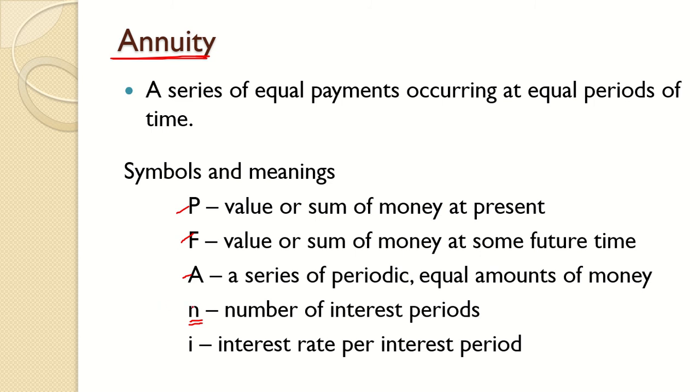However, when the compounding is more than one, not per year but, for example, per month or every quarter, that would be M times N. Then I is the interest rate, but recall that I is equal to R over M. So when compounding is involved, there is always M. So this is M times N, then R over M.